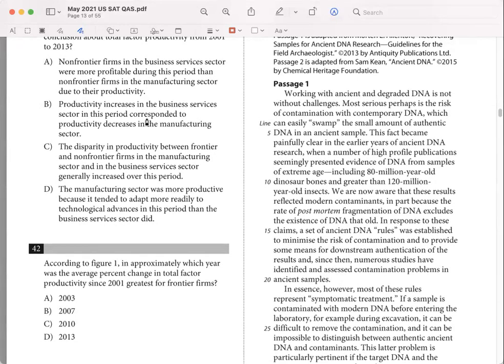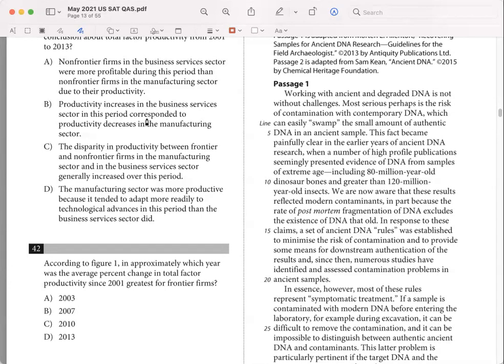This fact became painfully clear in the earlier years of ancient DNA research when a number of high-profile publications seemingly presented evidence of DNA from samples of extreme age, including 80 million-year-old dinosaur bones and greater than 120 million-year-old insects. We are now aware that these results reflected modern contaminants, in part because the rate of post-mortem fragmentation of DNA excludes the existence of DNA that old.